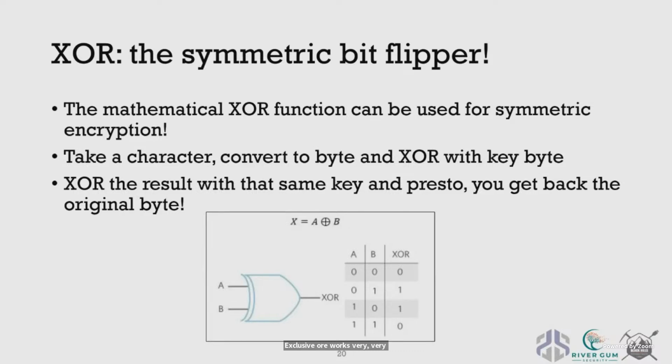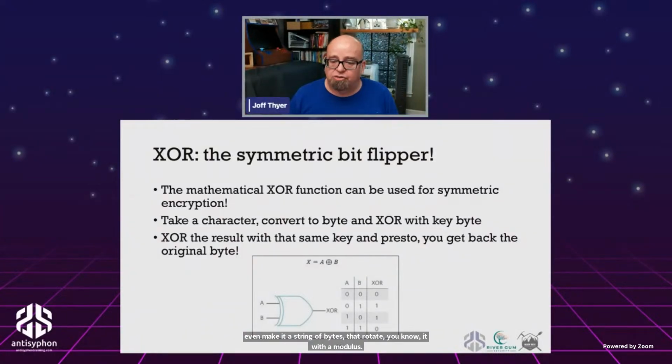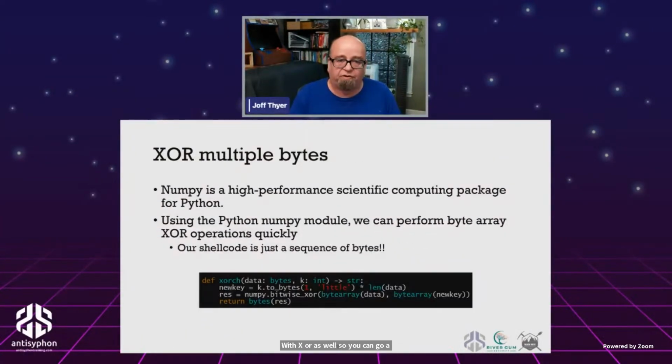And you can even make it a string of bytes that rotate, with a modulus, with XOR as well. So you can go a little bit further. If you're XORing multiple bytes, one of the nice things in Python, this is an optional thing, at least for your encoding stuff, you could use the NumPy module, which is a high-performance scientific computing package.